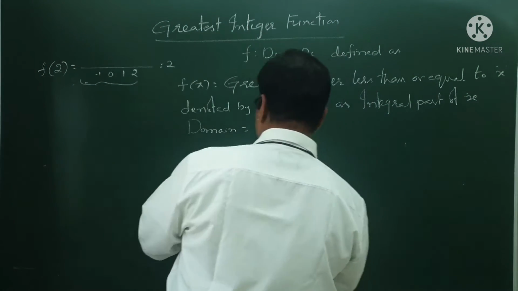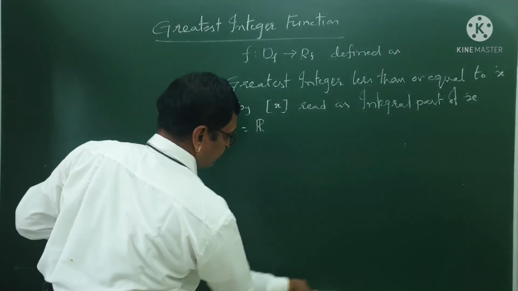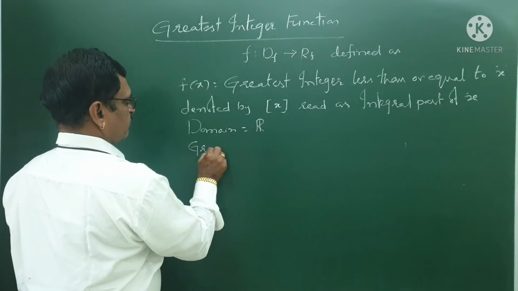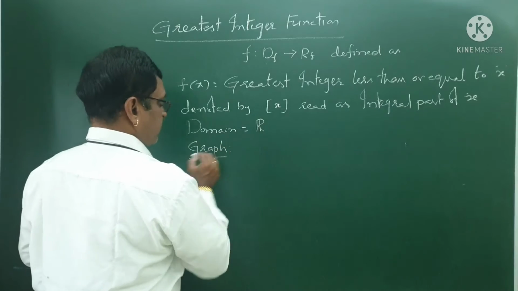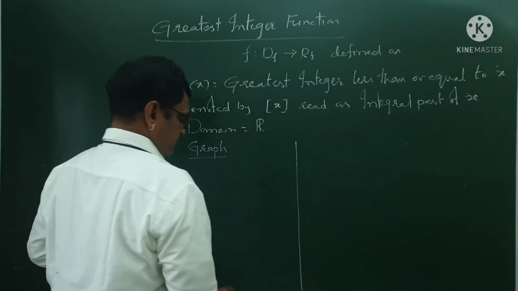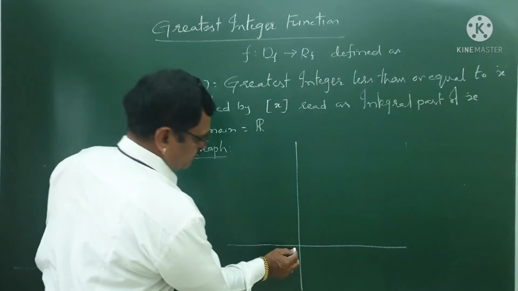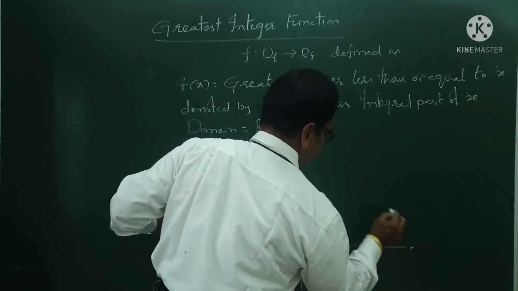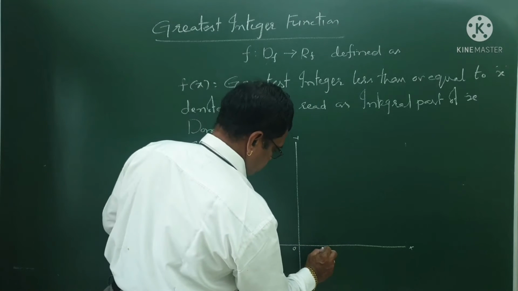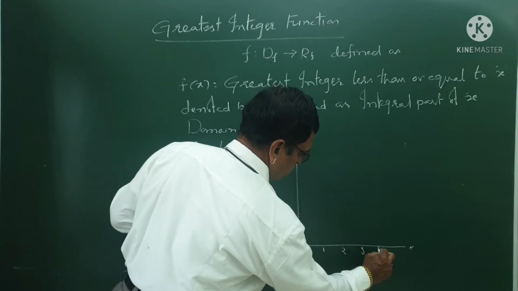Let us draw the graph for this function. As usual, I take the x-axis and y-axis with origin 0. I mark all the integers 1, 2, 3, 4 and so on.